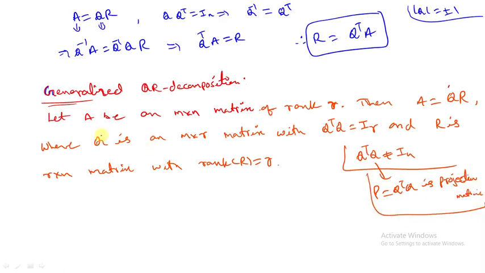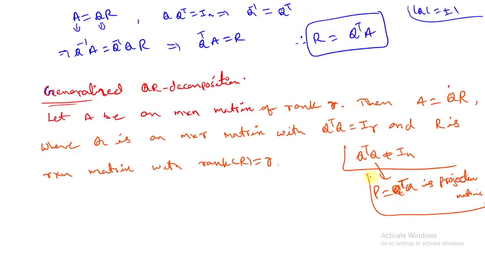When the columns generate the total Rn, the projection matrix is the identity. When it is not generating the total Rn, the projection matrix is Q Q transpose, not Q transpose Q.